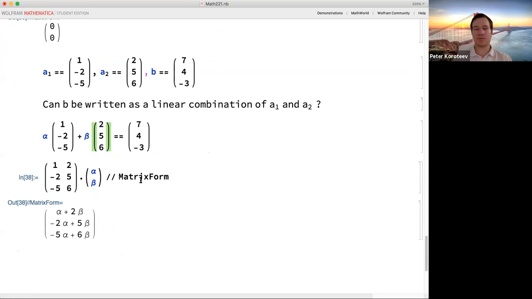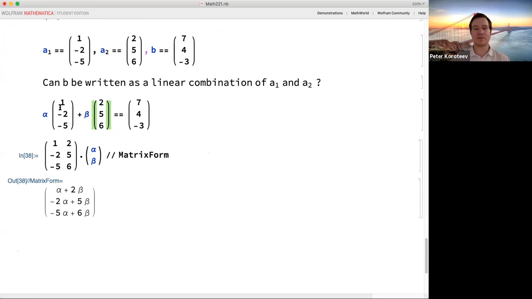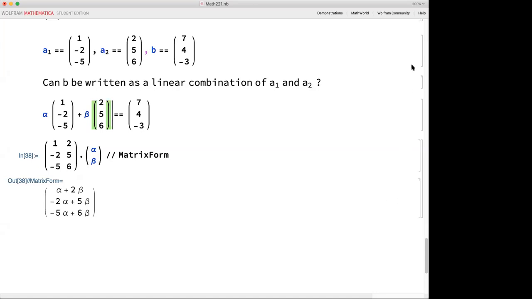So we know how to add vectors together with coefficients. That's what we get if we do this. Is this clear? Yes. Yes, it is.